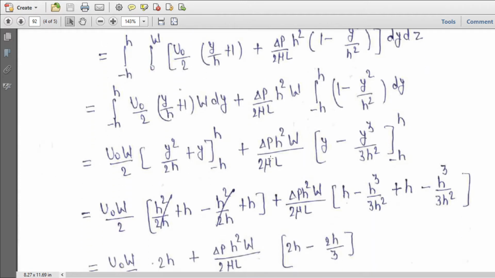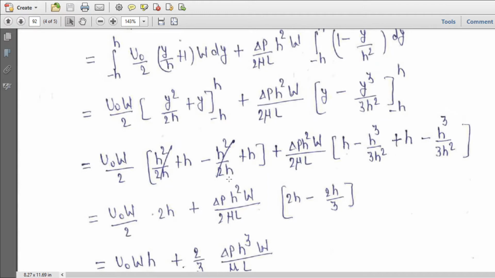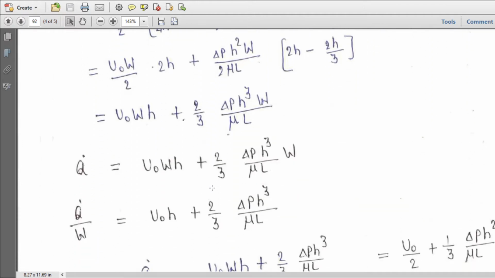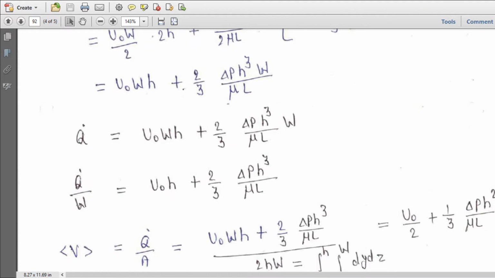If we integrate that and arrange it, finally we get one expression: Q naught equal to U naught W H plus 2 by 3 delta P H cube upon mu L into W. So Q naught upon W gives U naught H plus 2 by 3 delta P H cube upon mu L.